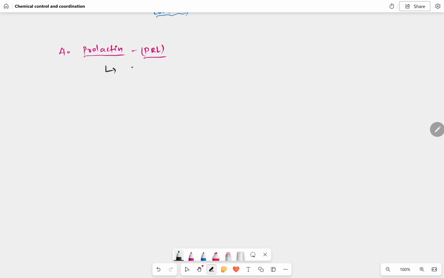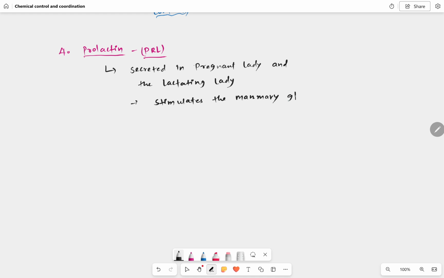Prolactin is secreted in either the pregnant lady or the lactating lady. It stimulates mammary gland development.